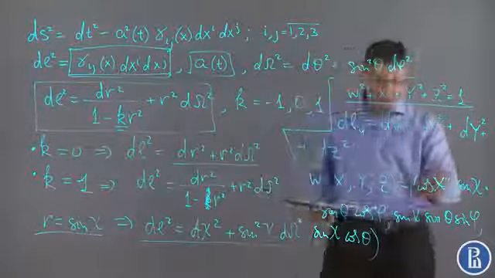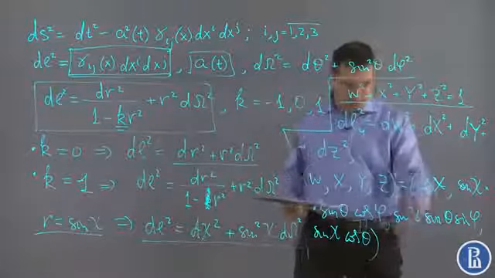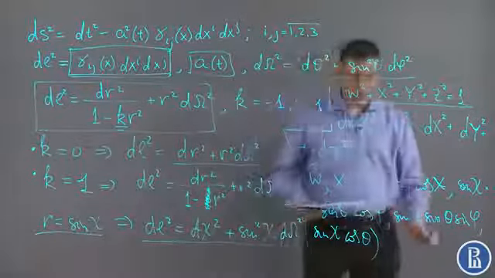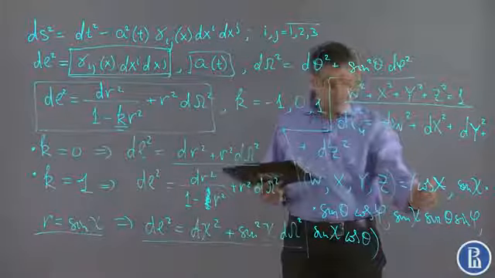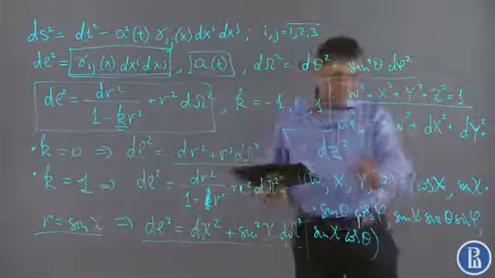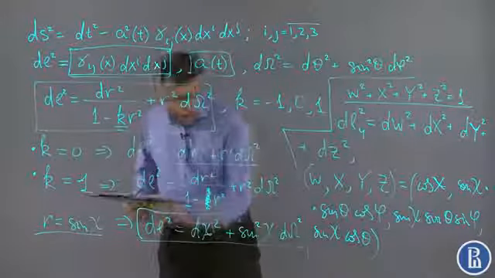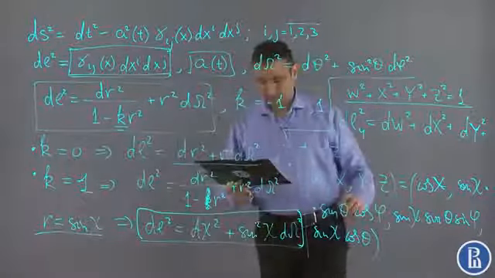Well, obviously, if one squares this plus this plus this plus this, one will obtain that this is equal to 1. Then if one plugs this into this metric, one obtains exactly this metric on the sphere.